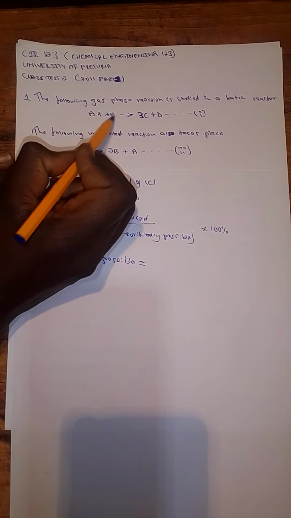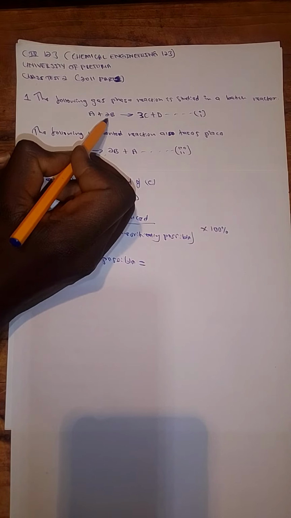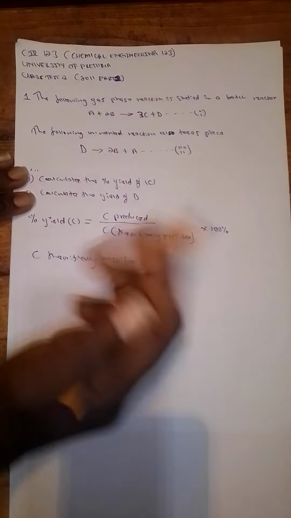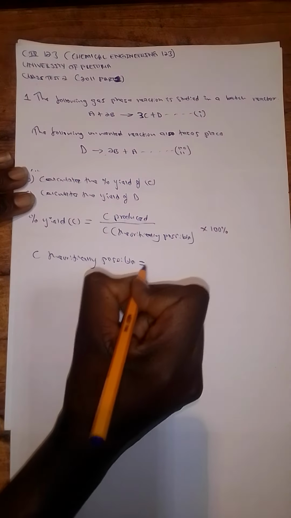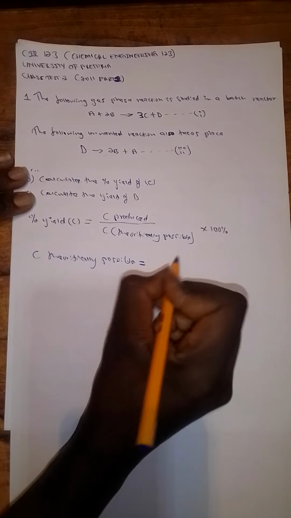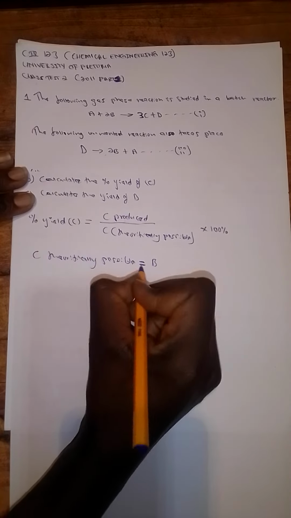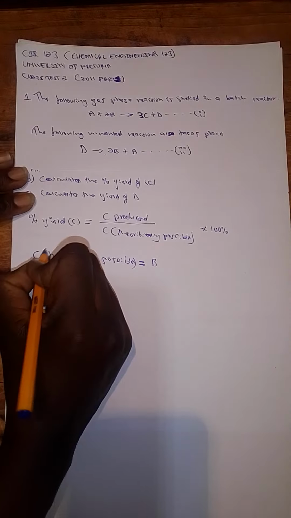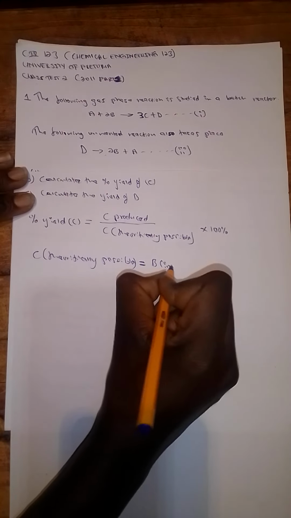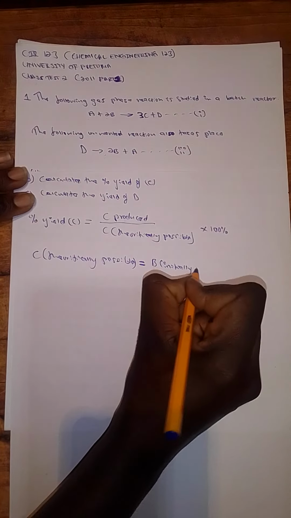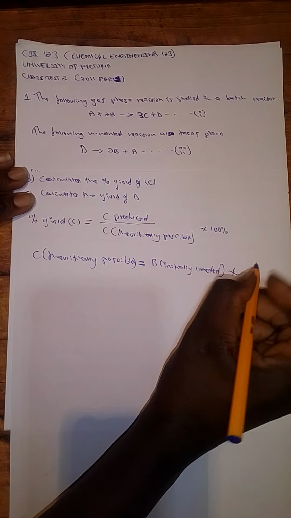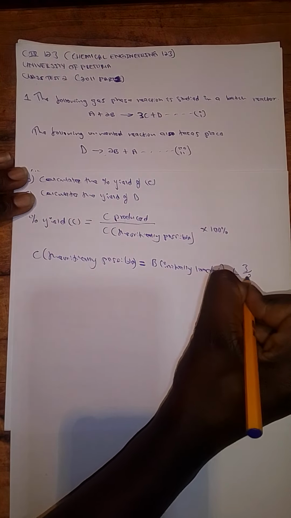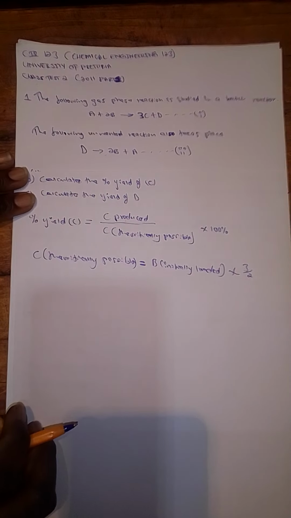Since B is the limiting reactant, we can easily calculate the theoretically possible C. It is B that was initially loaded, multiplied by 3/2 from the ratio of the reaction.